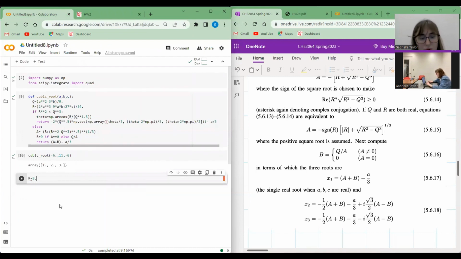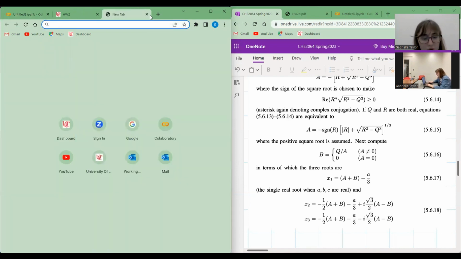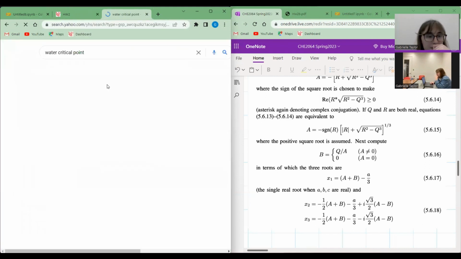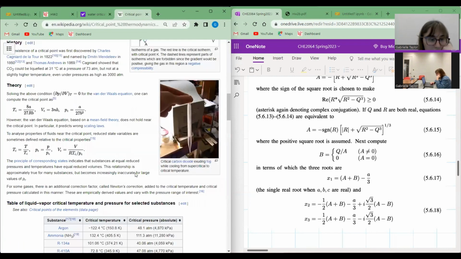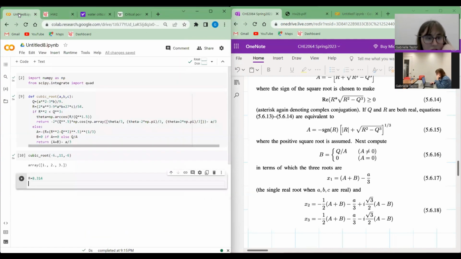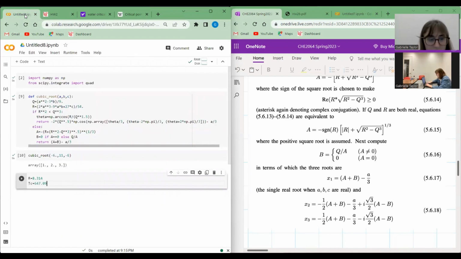So the first thing we want to do is put all of our initials on here. So let's first put anything that we're going to need. We're going to need R, and then temperature at the critical point for water. Temperature at critical point is going to be 670.96, in Kelvin, so let's put our unit.